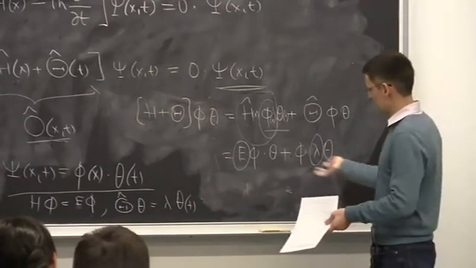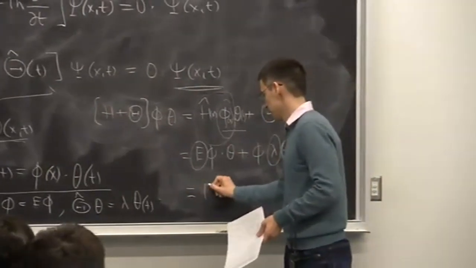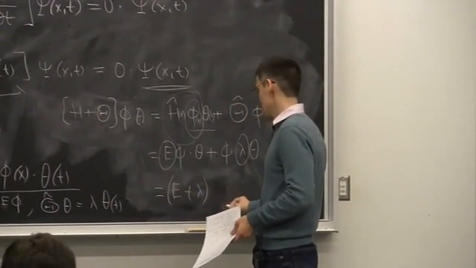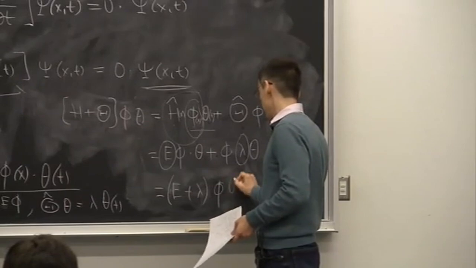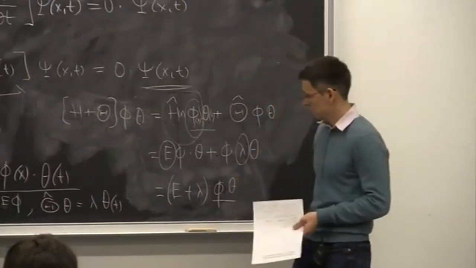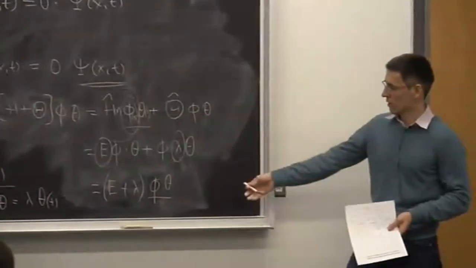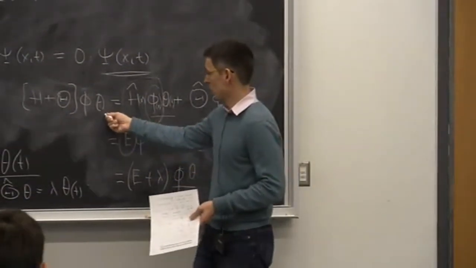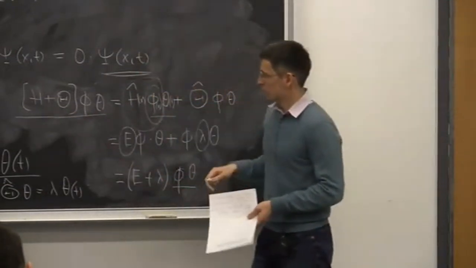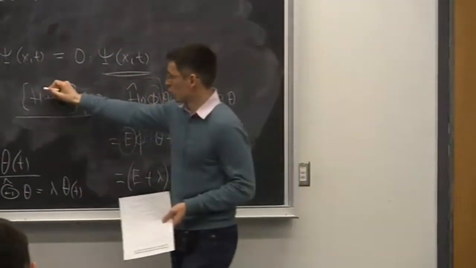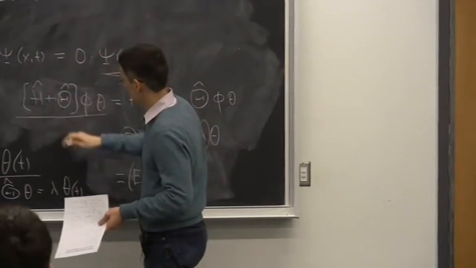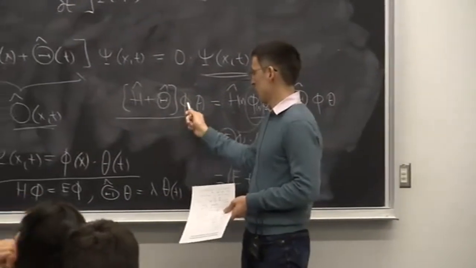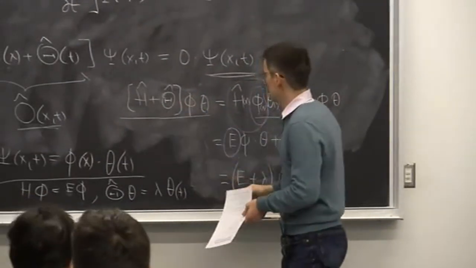Okay, now let's just group all the constants together. E plus lambda will be a constant, and we have the initial product multiplied by that constant, E plus lambda. So let's see, what did we start with? We started with two operators, h plus theta, acting on the product of their eigenfunctions, phi for h and theta for theta, right?